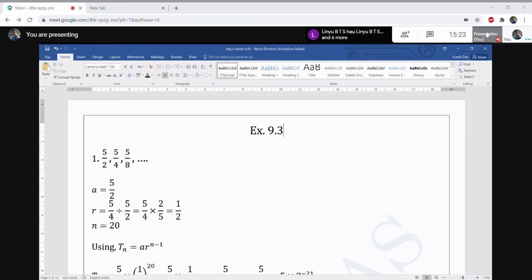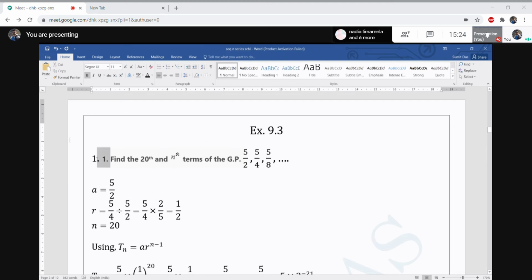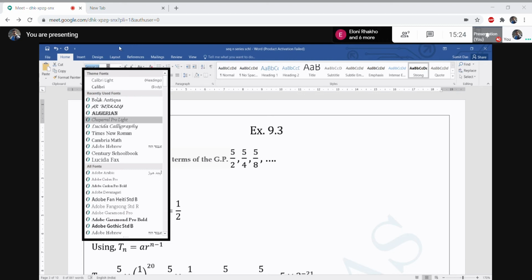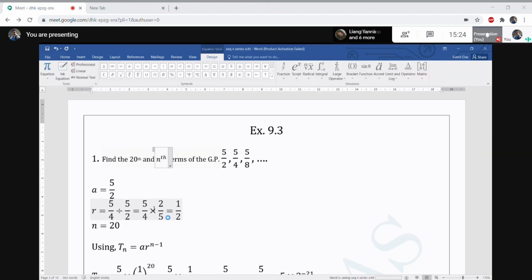Find the 20th term and the nth term of the GP.